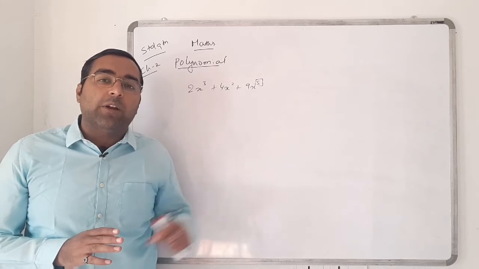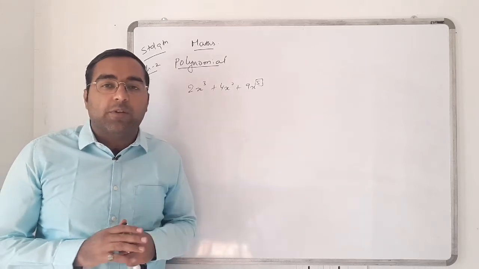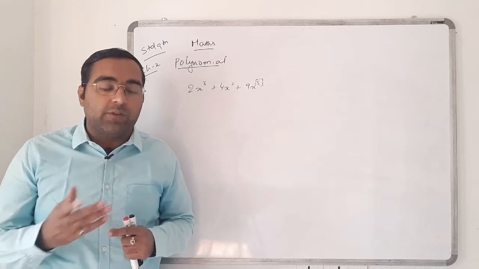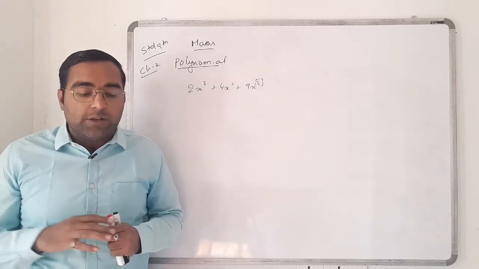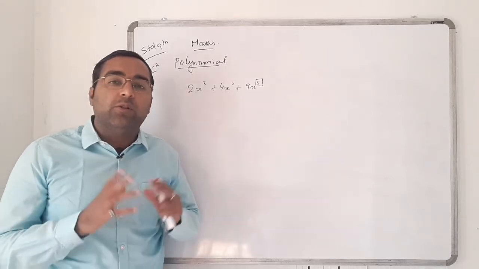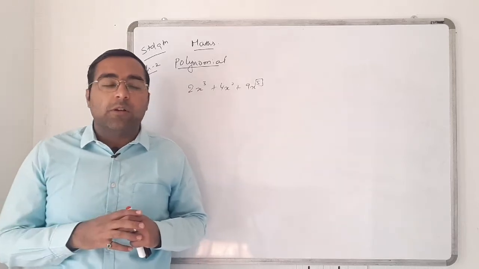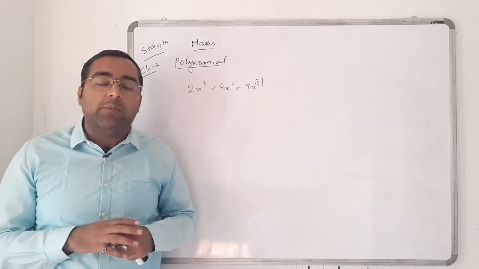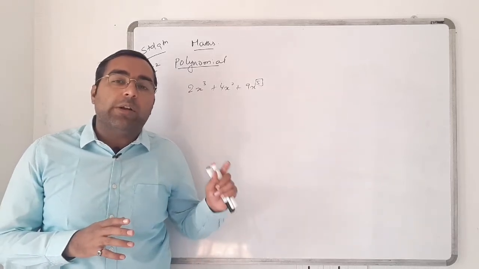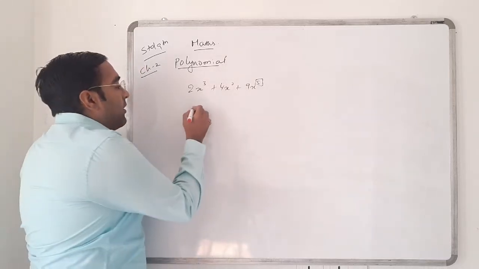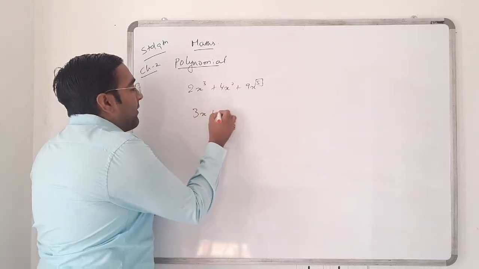Now, about the linear polynomial. We also say linear equation or linear polynomial, either way. Linear equations are divided into two parts: linear equation in one variable and linear equation in two variables. Linear equation in one variable means there is only one variable in use, like 3x + 5.